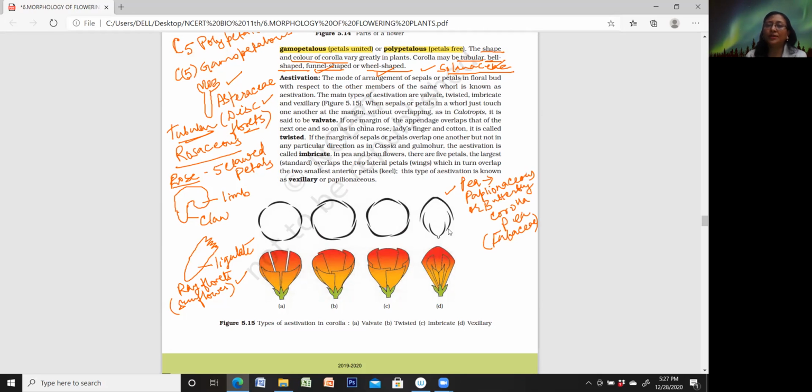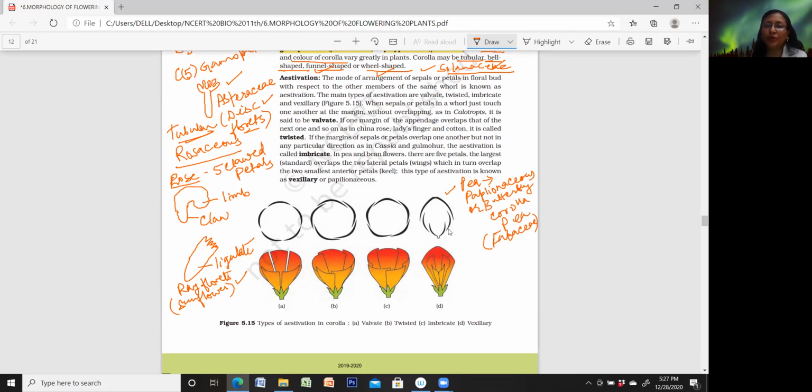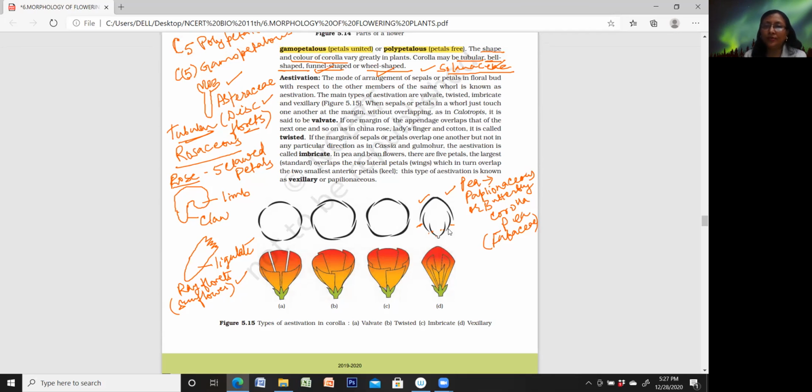A very important corolla, and we'll discuss it through the aestivation. You can see one broad petal here, then there are 2 lateral side petals, and there are 2 inner ones which are fused. The rest 3 are not fused, but these inner 2 are fused. So we'll discuss at length this papilionaceous corolla. These are some of the important corolla modifications.